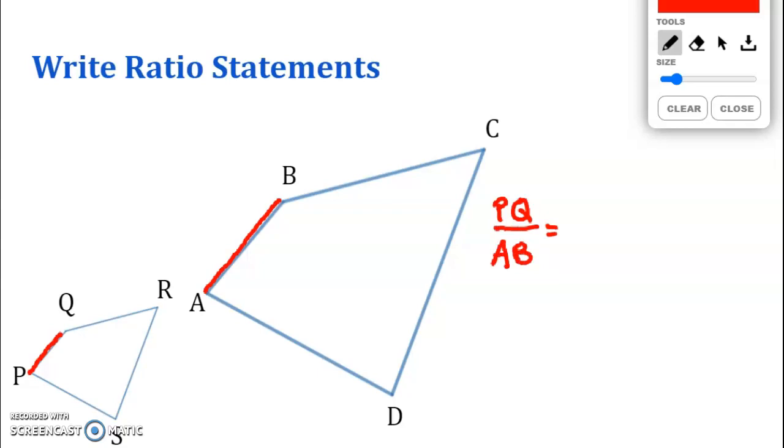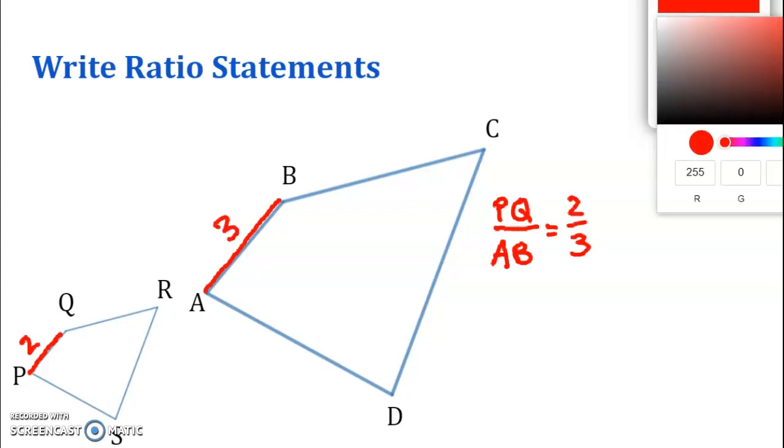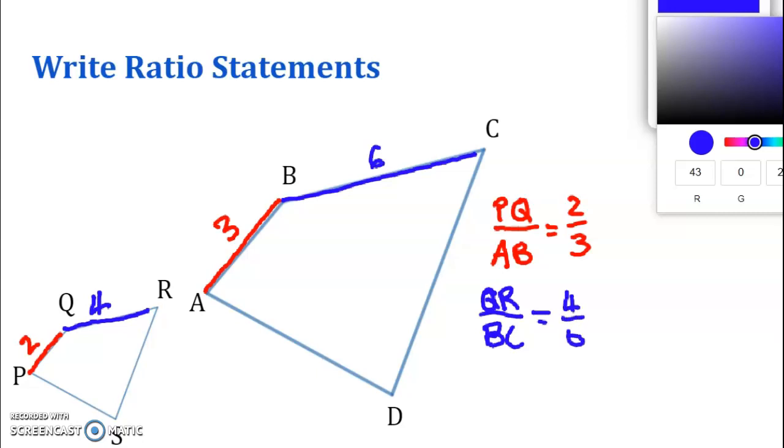Say this is 2 and 3, that will be 2 over 3. And if I was to talk about these two corresponding sides, I would write QR over BC is, let's just say this is 4 and this is 6, 4 over 6, and so on. And you would do it for each one of the sides.